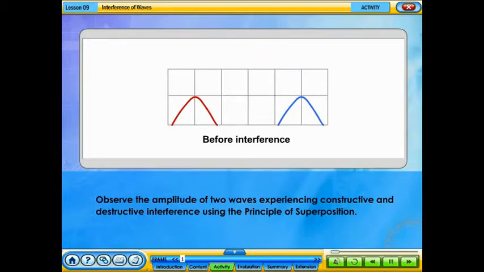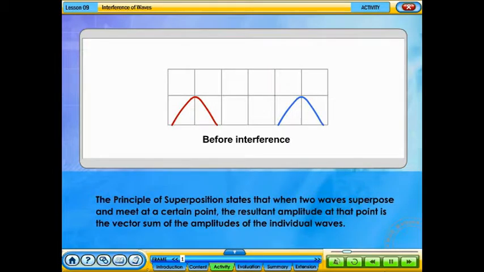Observe the amplitude of two waves experiencing constructive and destructive interference, using the principle of superposition. The principle of superposition states that when two waves superpose and meet at a certain point, the resultant amplitude at that point is the vector sum of the amplitudes of the individual waves.